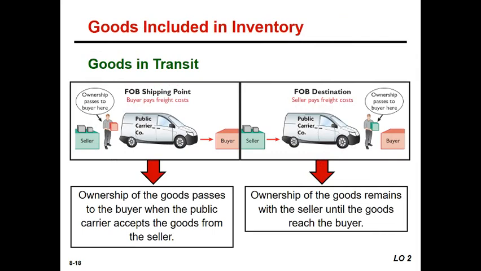During FOB shipping point, the ownership is going to pass when the seller yields the goods to the public carrier company. So, although you may not have the goods, your obligation may already exist. Or if it's FOB destination, that's the point at which you are going to have received the goods.